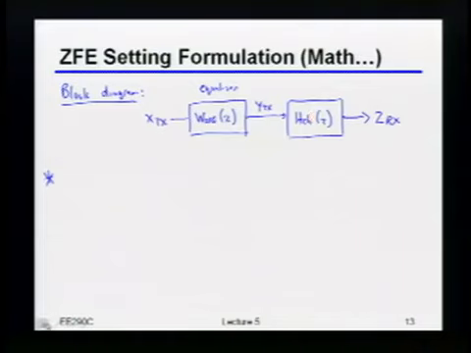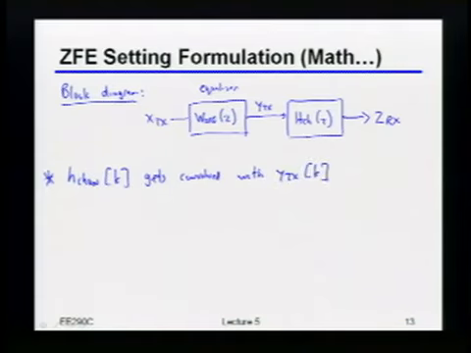So if I want to know what Z_RX actually is, I have to take the time domain response of the channel, which I'm going to call h_channel with a lowercase h, and I'll show you how I deal with this in a second. I'm going to convolve that with whatever my transmitted waveform was.